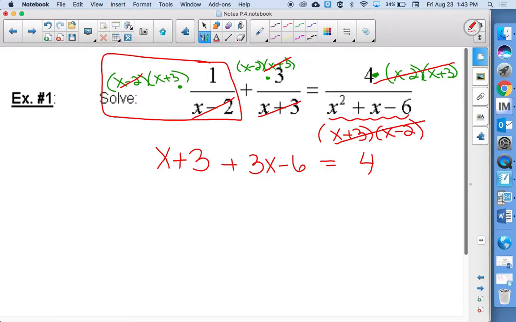So again, fractions, gone by using the least common denominator. So now if we clean it up a little bit, combining our like terms, looks like we have a 4x equal to 7. So x is 7 fourths.